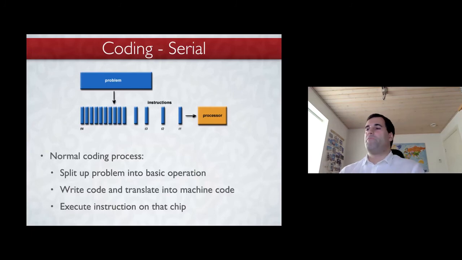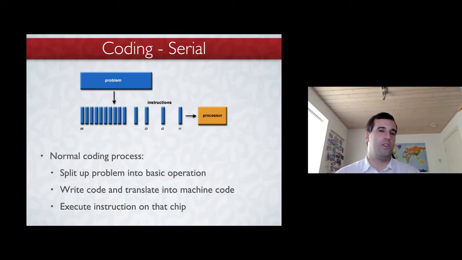So when we have these big supercomputers, it's not straightforward to even use them. There we come into problems like, how do we use them, or how do we do our coding for this? Normally, when we develop code and try to solve problems, in my case in particle physics, in other people's cases in other areas, you have a problem and split it up into very basic operations.